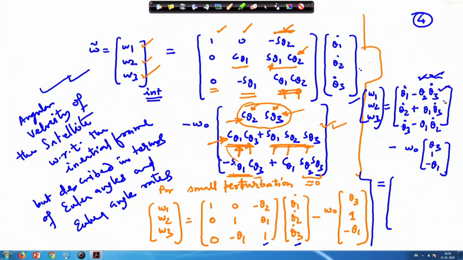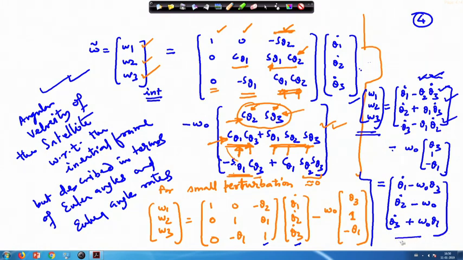So all these three terms can be ignored, and therefore this can be written as minus omega 0 theta 3, then theta 2 dot plus omega 0, and theta 3 dot minus, the first term is minus here, and the second term will also remain as a minus here, this is with a minus sign. And here it comes with a plus sign, omega 0 times theta 1. So omega 1, omega 2, omega 3 gets reduced to this quantity.